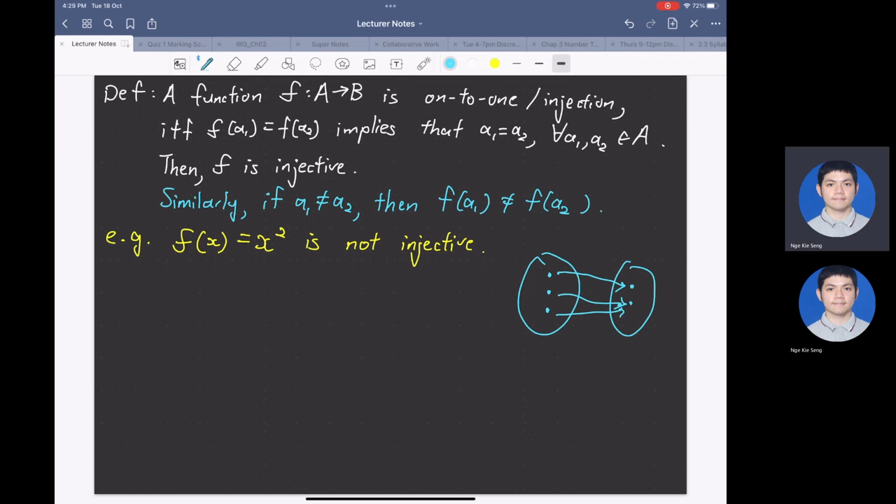So it's not injective. It's not one to one. Okay. So why is f(x) equal to x squared not injective? Why is it not one to one?